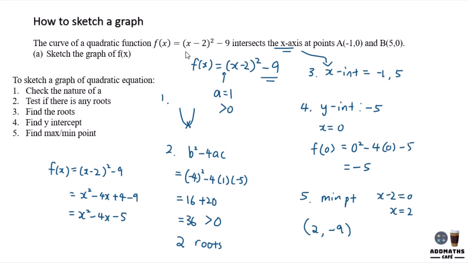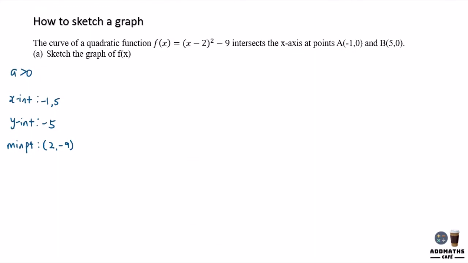So after getting all these values, what we need to do is sketch the graph. These are the information we have from the 5 points. What we do now is put on the y-axis and the x-axis. So this is my y, this is my x, and 0 is over here.